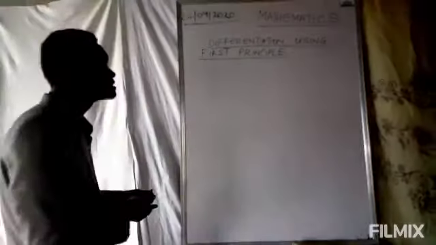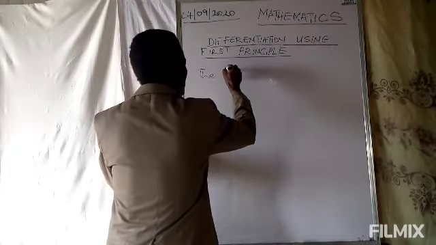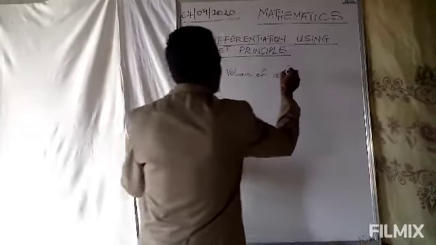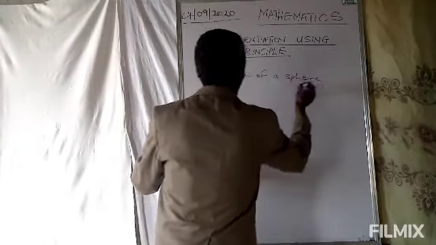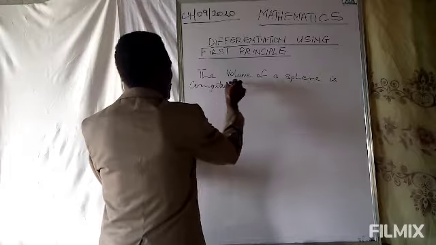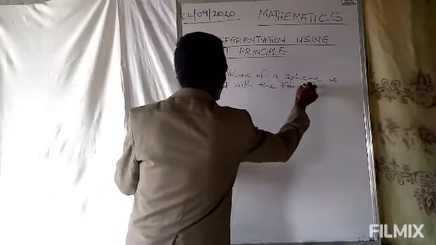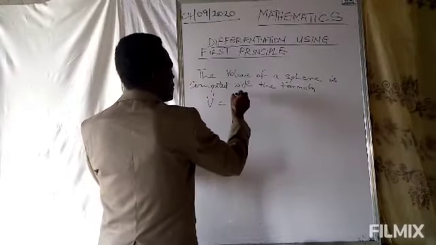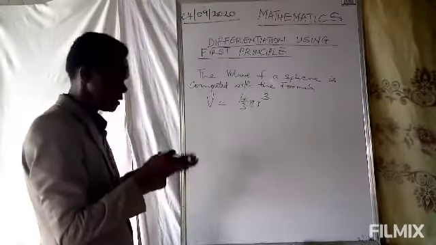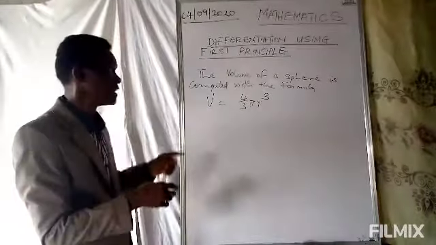For example, if I say the volume of a sphere is computed with the formula V is equal to 4/3 pi r cubed.